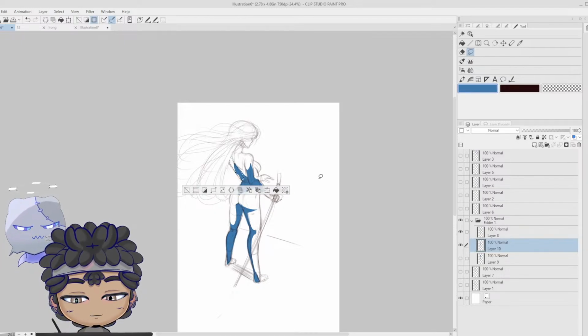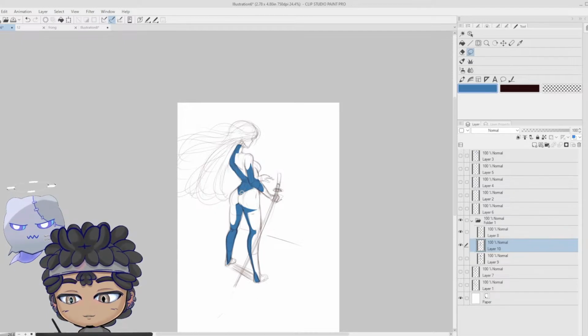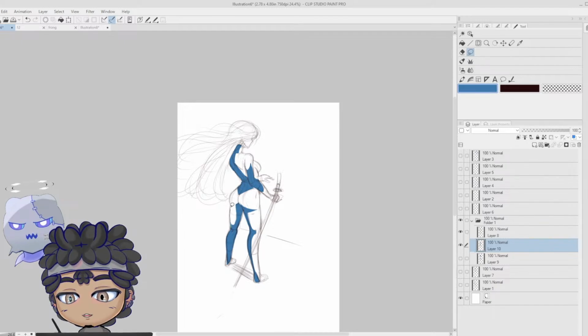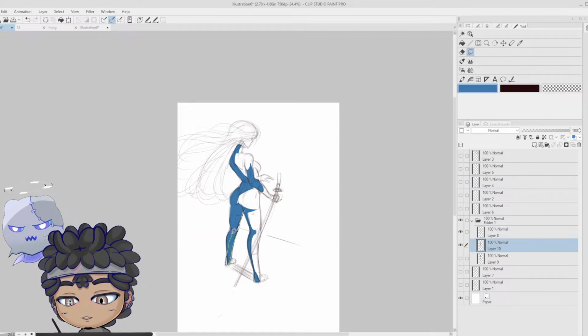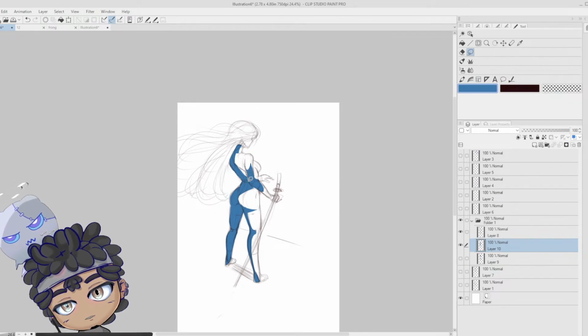Okay, I just now notice where the light was coming from. The light is coming down, so because of the light, it makes more sense to put it right here. Okay, I think that's quite right.